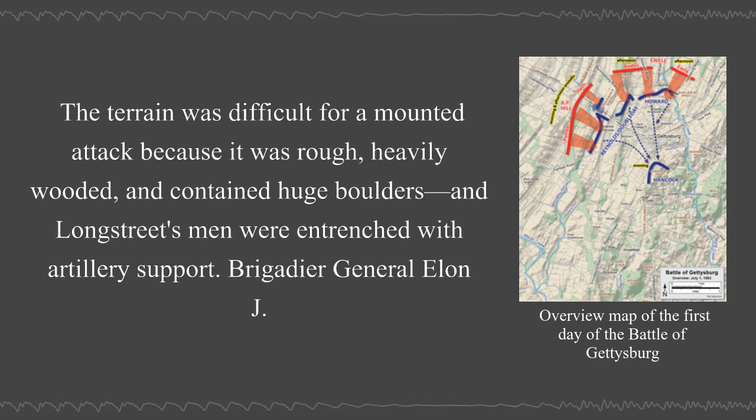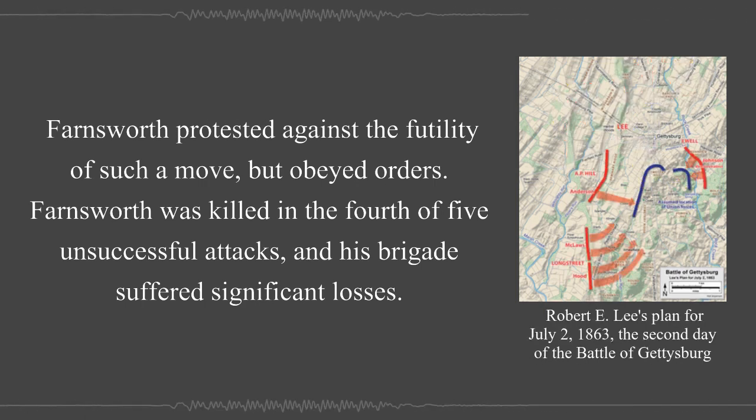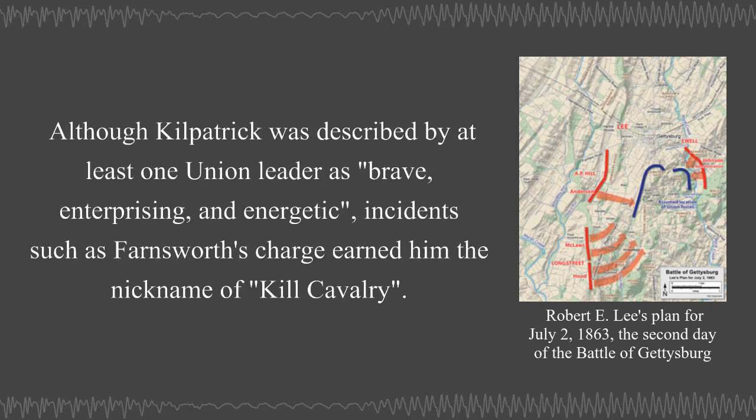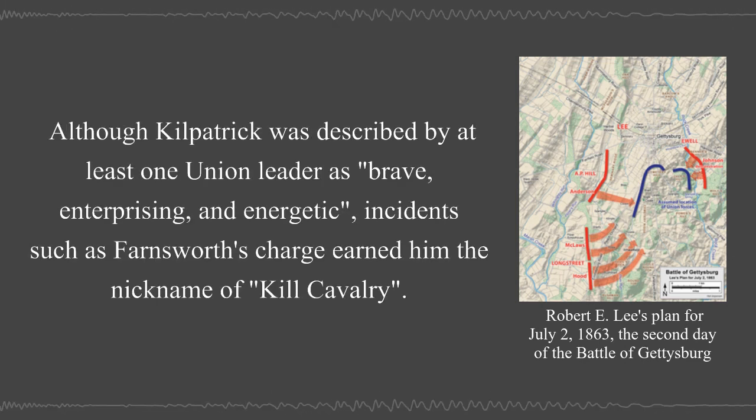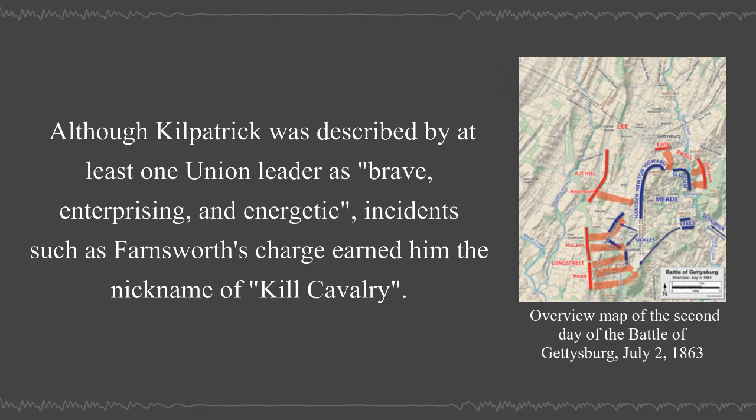Brigadier General Elon J. Farnsworth protested against the futility of such a move but obeyed orders. Farnsworth was killed in the 4th of 5 unsuccessful attacks, and his brigade suffered significant losses. Although Kilpatrick was described by at least one Union leader as brave, enterprising, and energetic, incidents such as Farnsworth's charge earned him the nickname of Kill Cavalry.